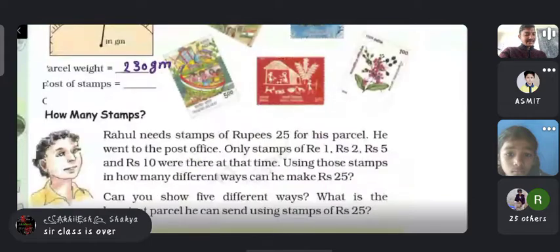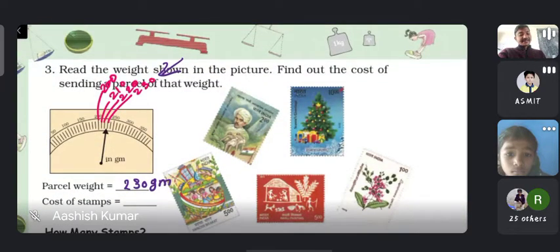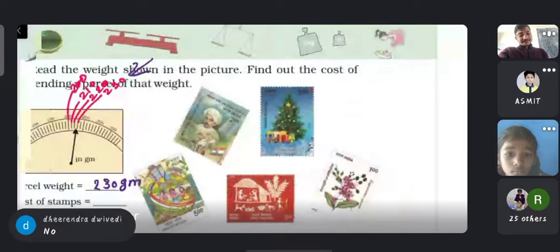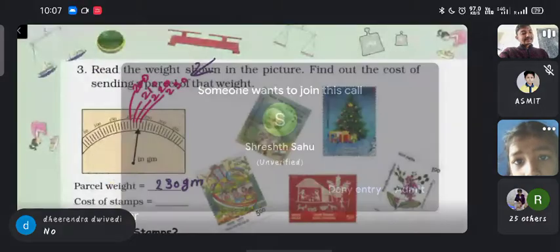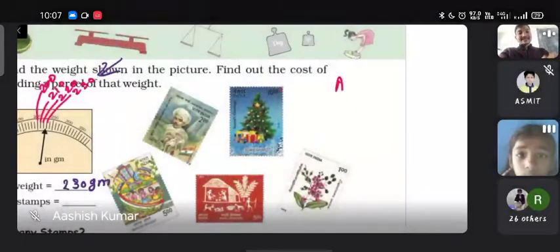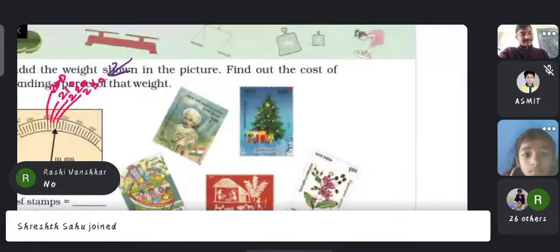The page number is 146. Cost of stamp. Here we have to solve it. Solution number 3. First of all, the parcel weight.